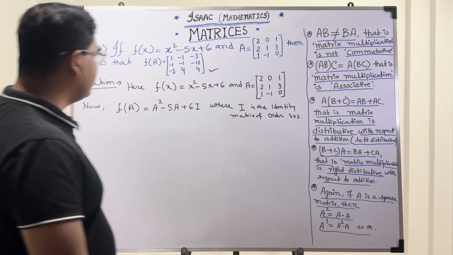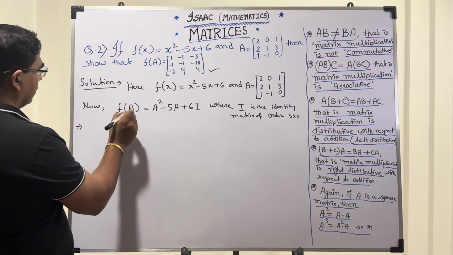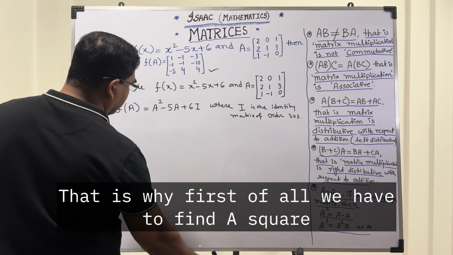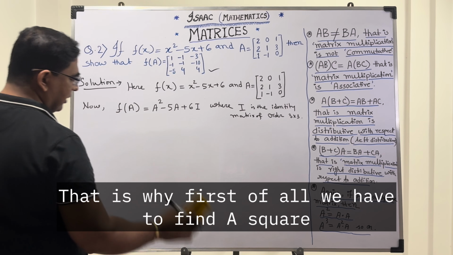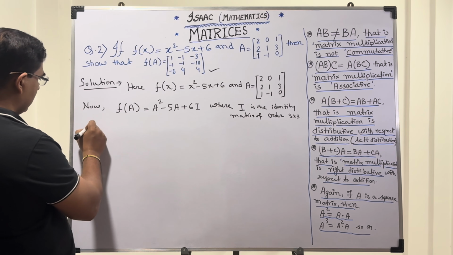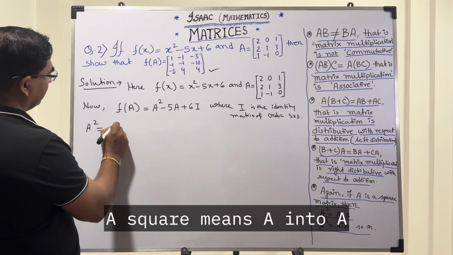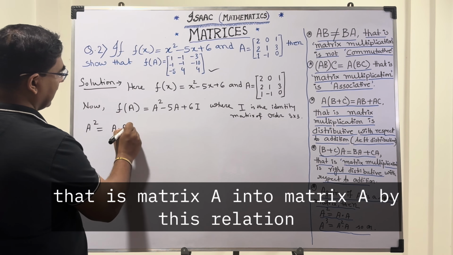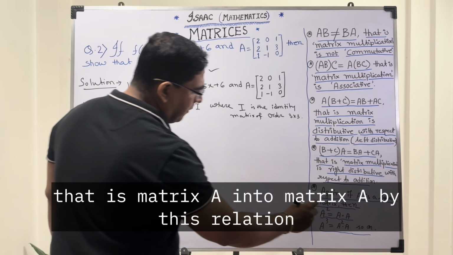Okay. That is why first of all we have to find A square. A square means A into A, that is matrix A into matrix A, by this relation.